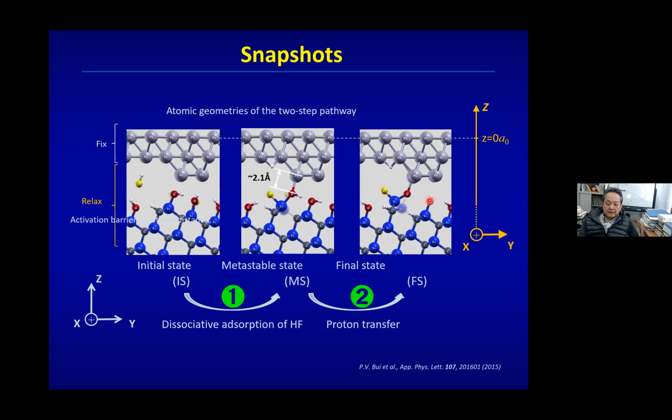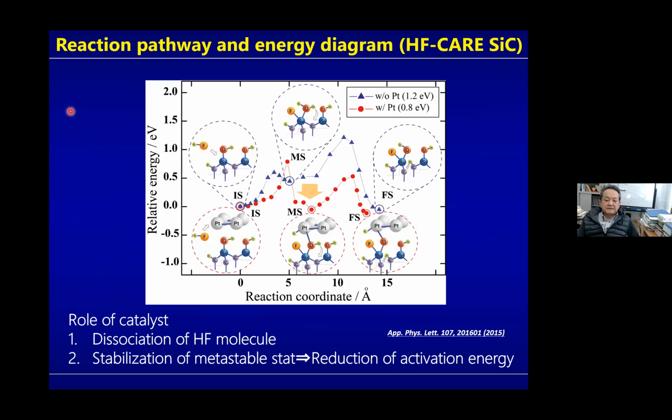Okay, and this is a reaction pathway and energy diagram of this HF etching process for silicon carbide. In the initial state, the HF molecule is here, and then at the metastable, intermediate state, the step edge silicon is terminated by an additional F element, and the situation is hypervalent.